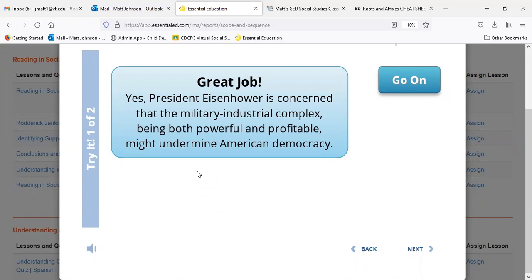And Dwight Eisenhower here is basically, that is what he's concerned about. But he's also noting that it's a necessity, that we need to keep a standing army to dissuade the influence of the Soviet Union. But this is the first time, so from the end of World War II, where we did demilitarize and demobilize after the war for a few years.